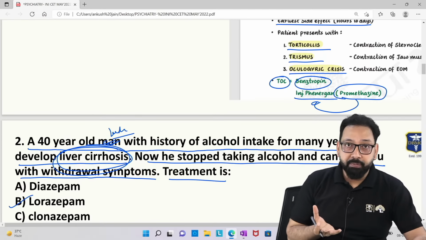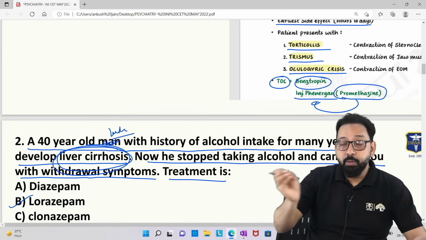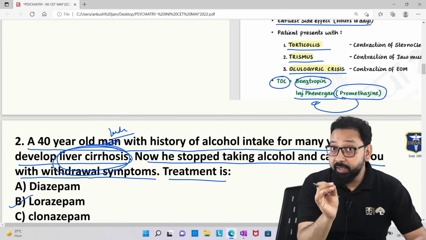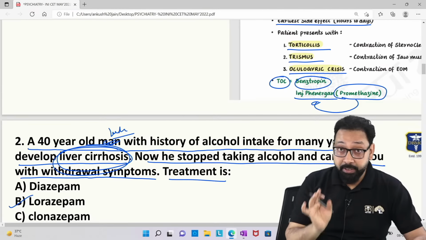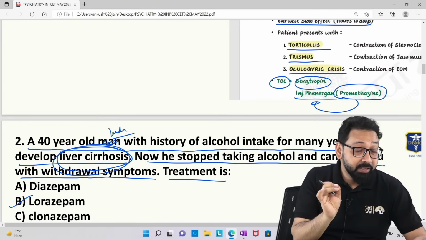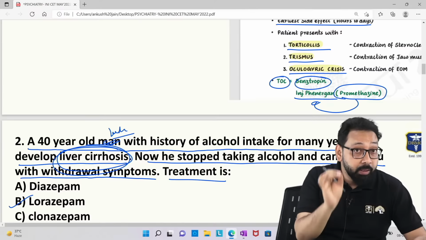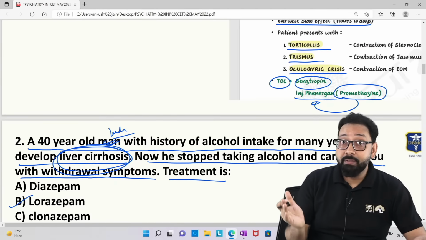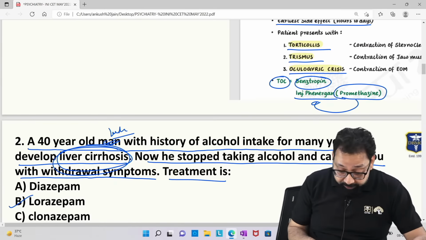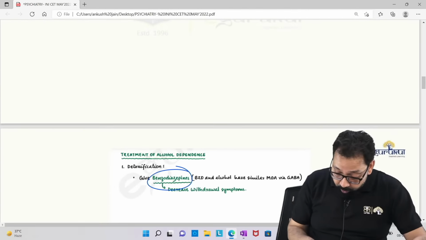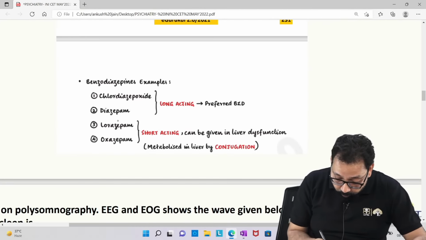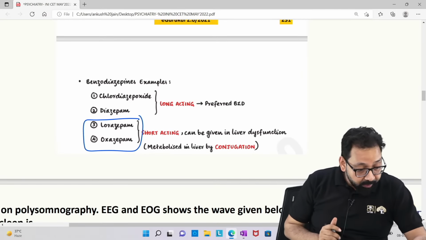Which drug will you prefer? In emergency you do not have lab facility, so you can't assess liver function tests. That's why you start with lorazepam or oxazepam.